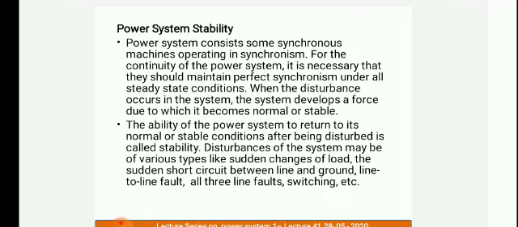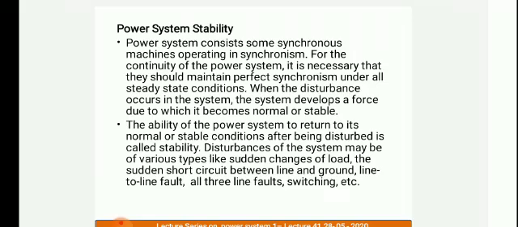For the continuity of the power system, it is necessary that they should maintain perfect synchronism under all the steady state conditions. When a disturbance occurs, the system develops a force due to which it becomes normal or stable. The ability of the power system to return to its normal or stable condition after being disturbed is called stability.